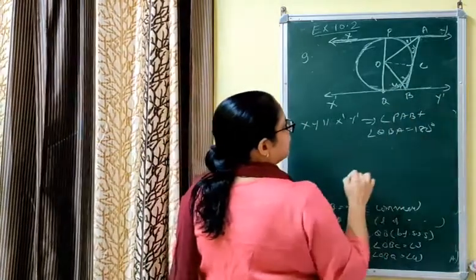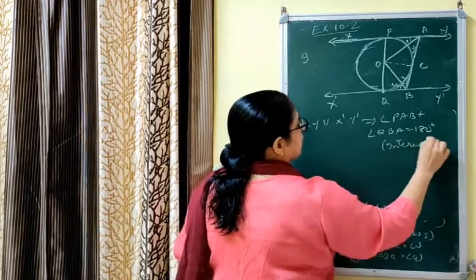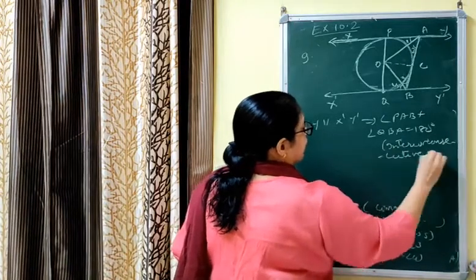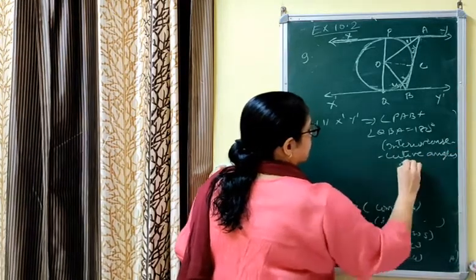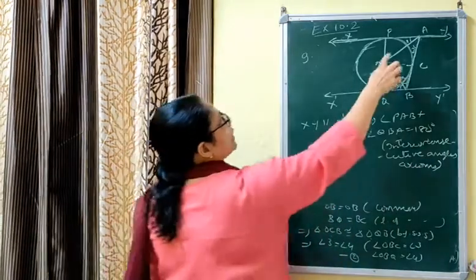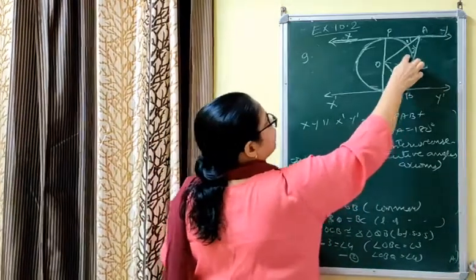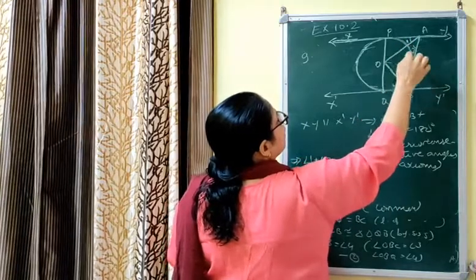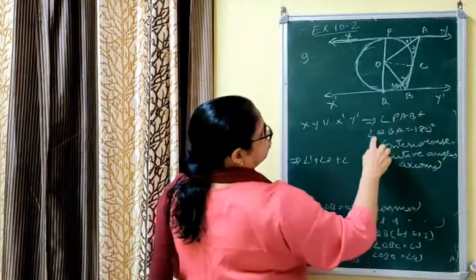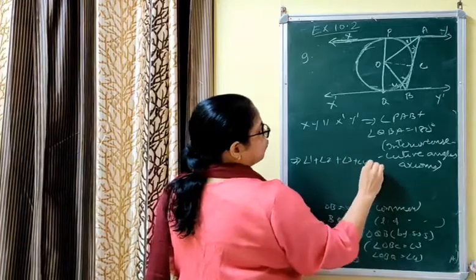That is why PAB plus QBA equal to 180 degrees by the interior consecutive angles axiom. Now PAB can be written as angle 1 plus angle 2, because we have already named angle PAO as 1 and angle CAO as 2. QBA is angle 3 plus angle 4, equal to 180.